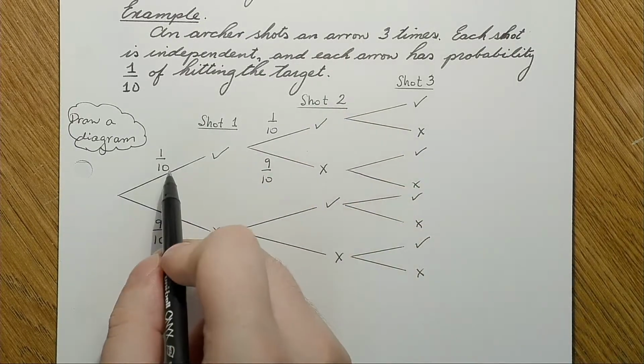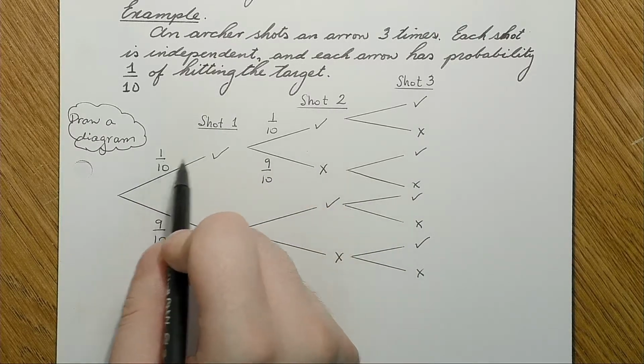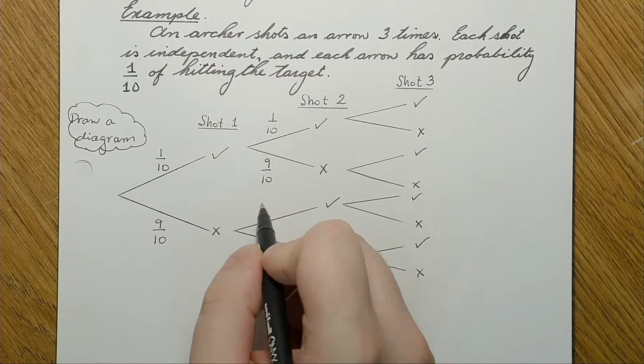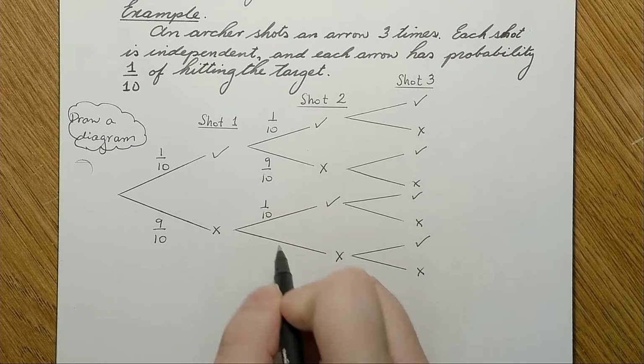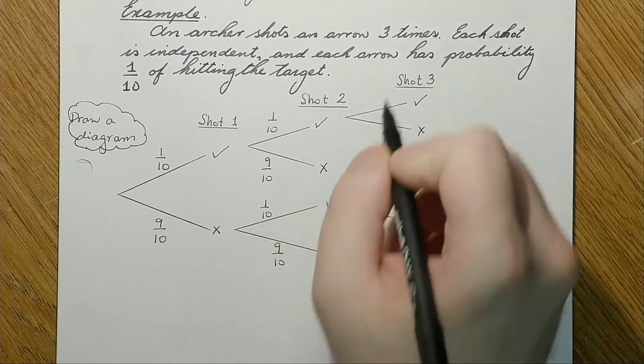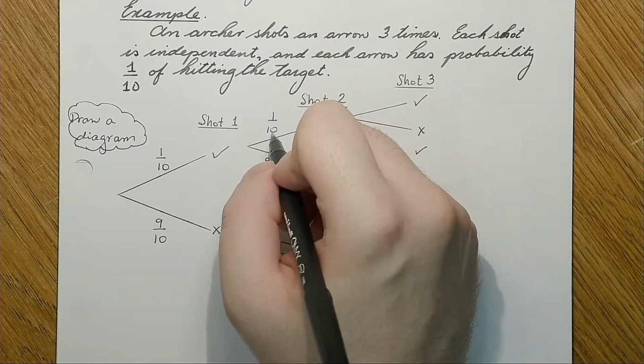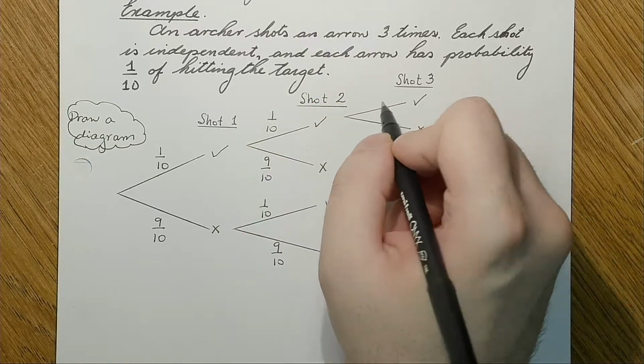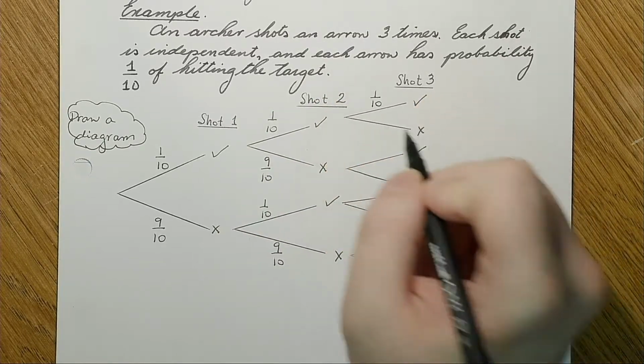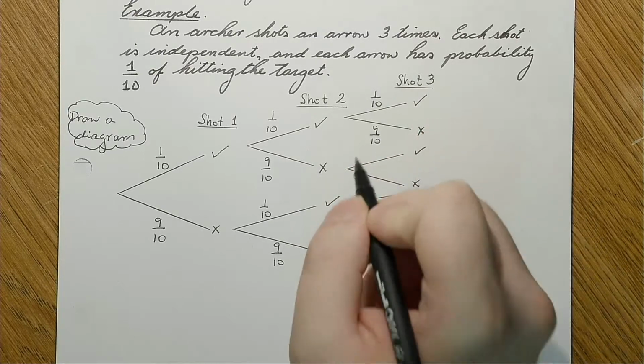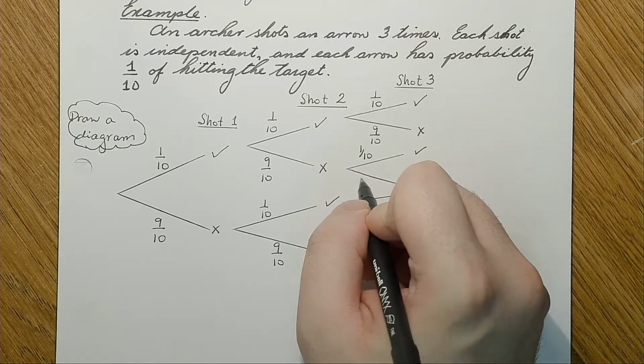Because these are independent, the probabilities of the first shot don't affect the second shot, and the same thing for the third shot. The second shot doesn't affect the third. So we'll just copy down these probabilities again.